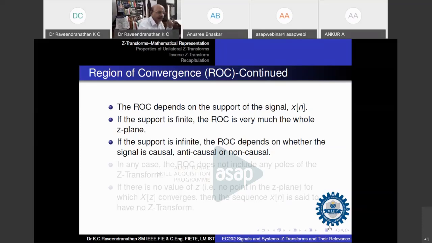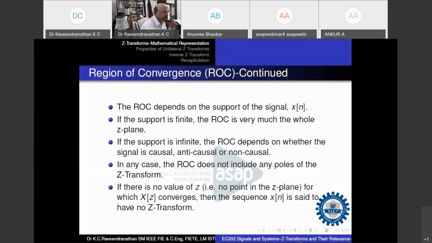In any case, the region of convergence does not include any poles of the Z transform. Poles are those values of z at which X(z) becomes infinite, where the denominator terms are equated to 0 so that the function becomes infinite. So under any case, poles do not form part of the region of convergence.